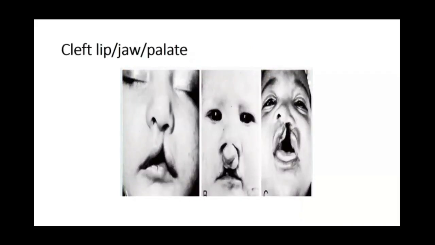Same as the face, it can be a cleft lip, where the medial and maxillary processes have not fused together properly, and it's just in the lip, while the deeper structures are fused. It can be a cleft jaw, meaning it has involved the jaw along with the lip. And here the palate has also been involved deeper down. So the upper lip, the jaw, and the palate are involved because you have a common origin. The palate has two points of origin, primary and secondary.